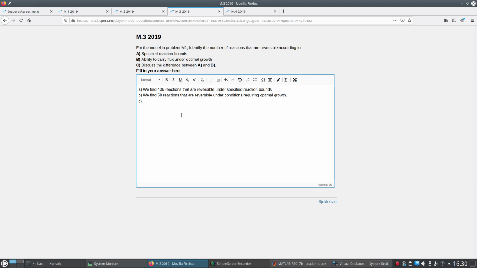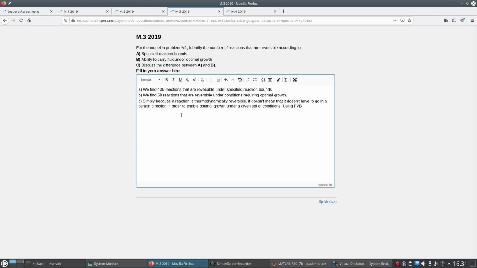But we can summarize it as: simply because a reaction is thermodynamically reversible, it doesn't mean that it doesn't have to go in a certain direction in order to enable optimal growth under a given set of conditions.